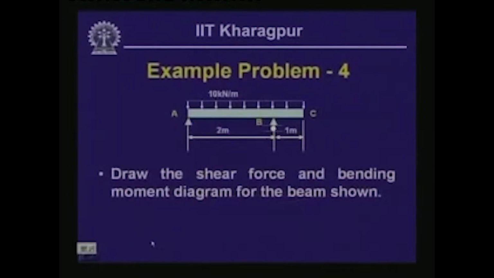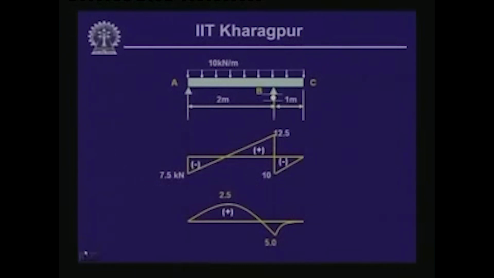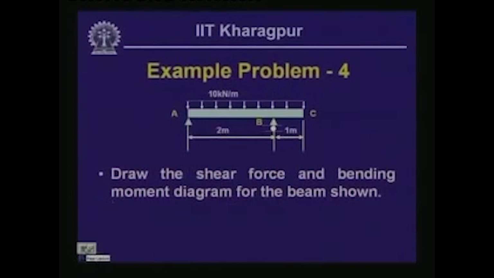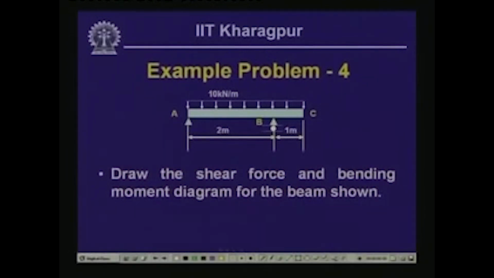Now we have another example problem where you will have to draw the shear force and the bending moment diagram for this particular beam. Exactly in the same way, for the hinge support we write down the reactive force Ra, the horizontal force Ha, and the vertical force Rb.